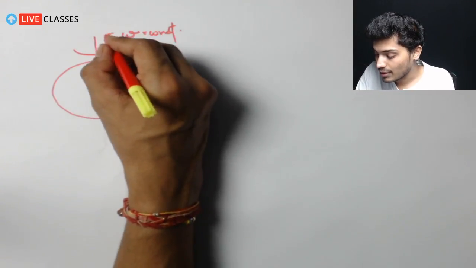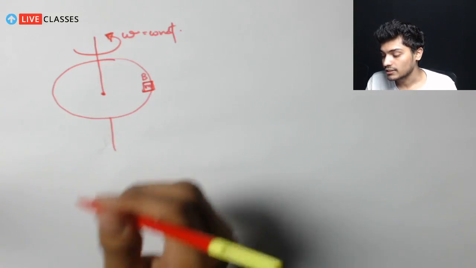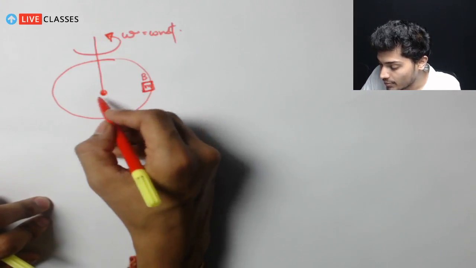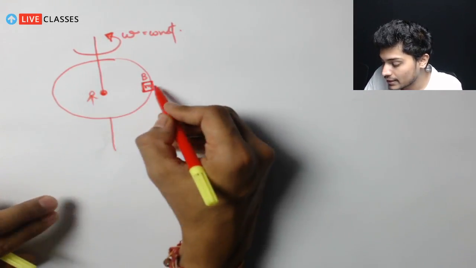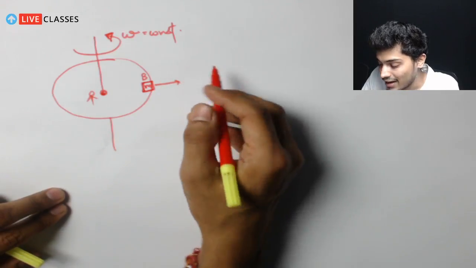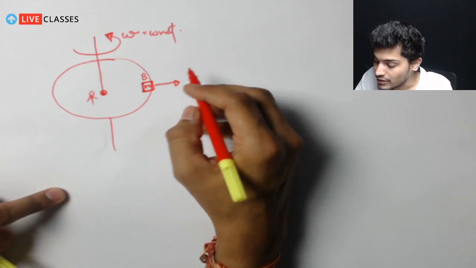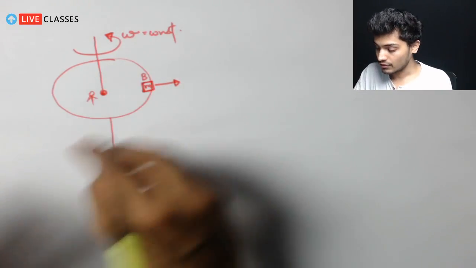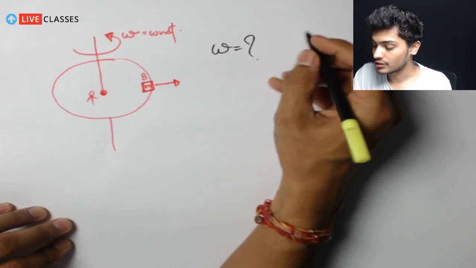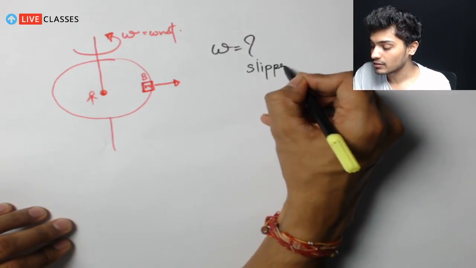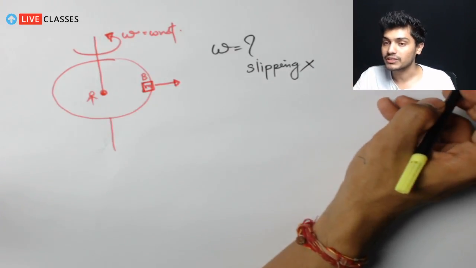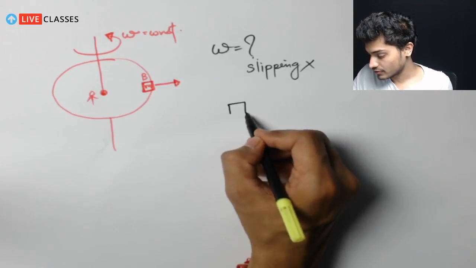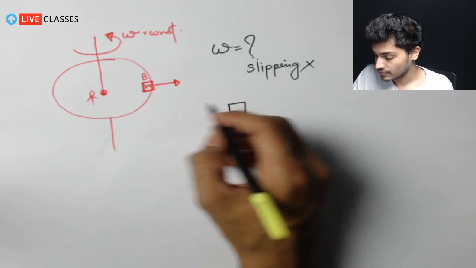So here what will be happening is that the body is rotating with the disk. If we observe the motion from here, what will be the tendency of the body? The body will have a tendency to get thrown away in the radially outward direction. So first of all we have to find the omega for which slipping should not be there. So first we just draw the FBD at this point.